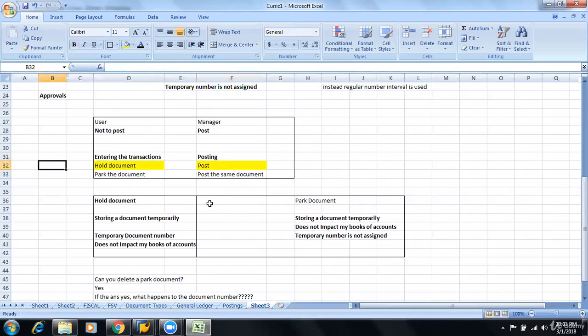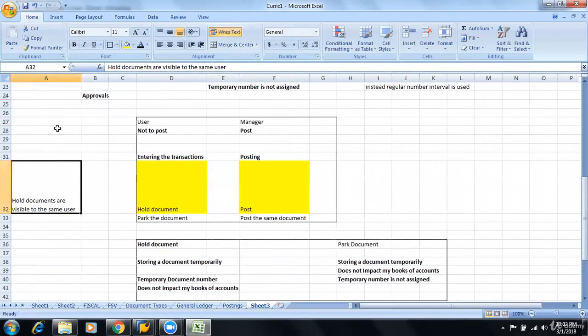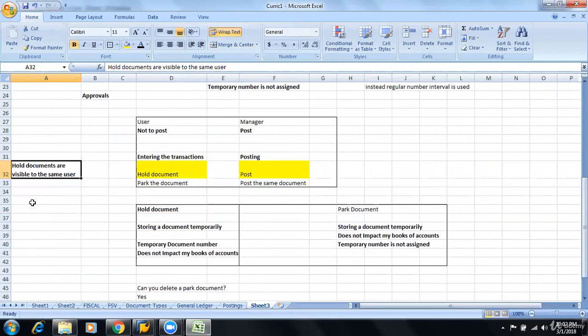Now, the reason is hold documents are visible to the same user only, not the other user. I hope this clarifies. If anyone had the doubt, hold documents are visible to the same user, then how can you expect your manager to post?